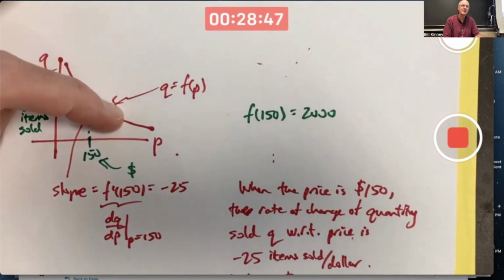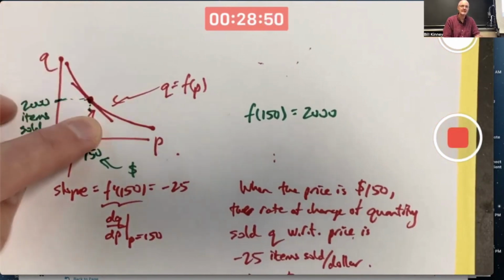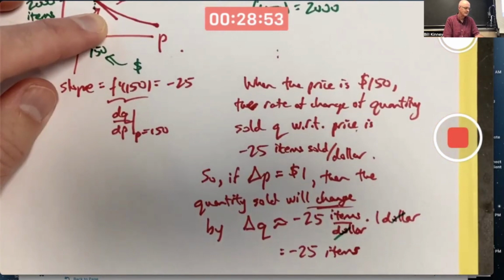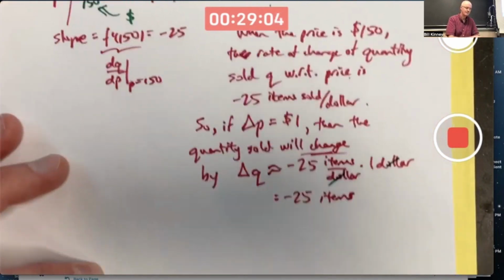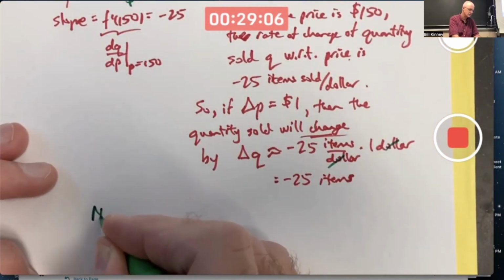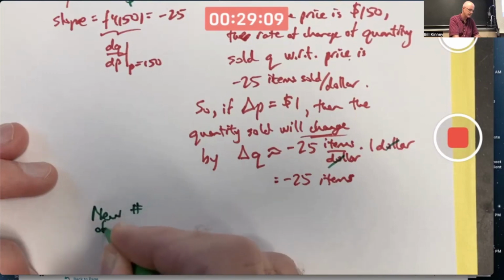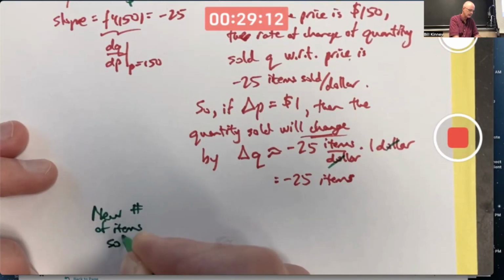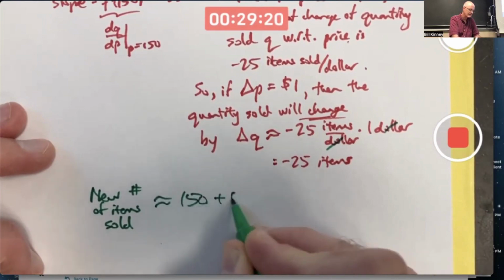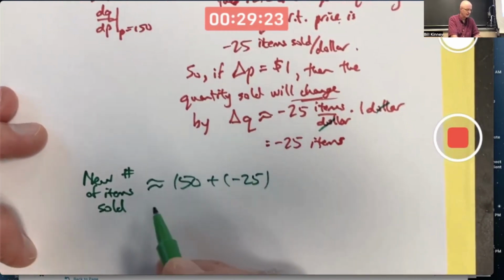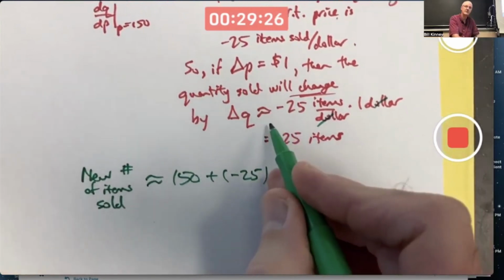This graph is also concave up, so this tangent line approximation is too low. The true change in the quantity sold will actually be a little closer to zero, maybe negative 23 items instead of negative 25. You could say the new number of items sold is the old amount, plus negative 25.